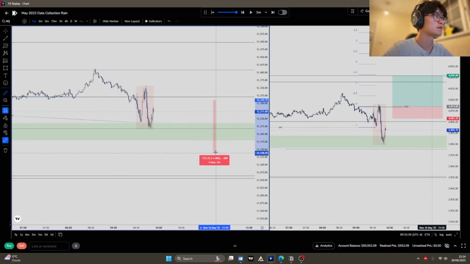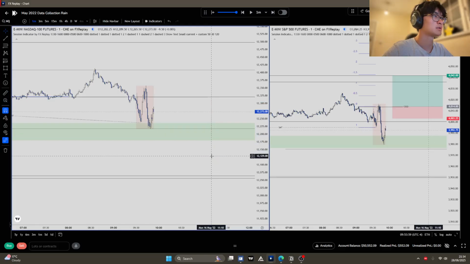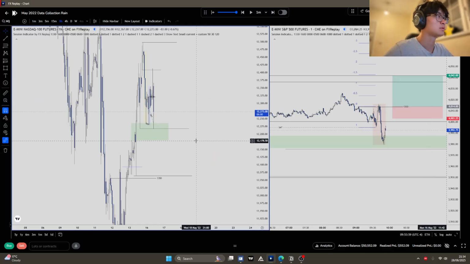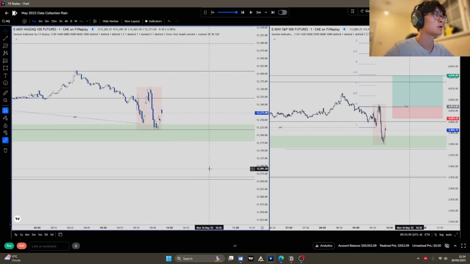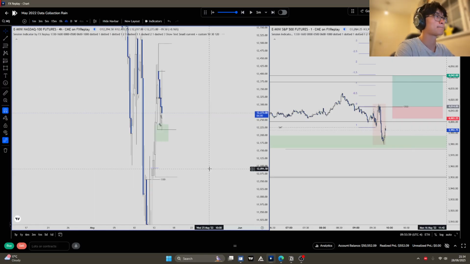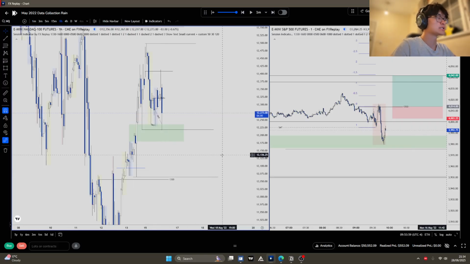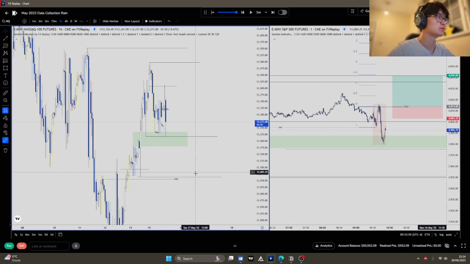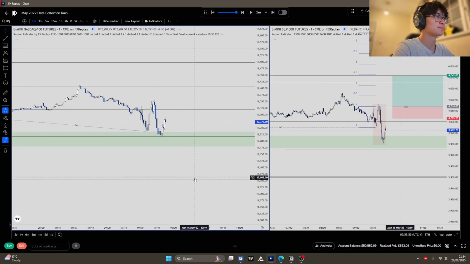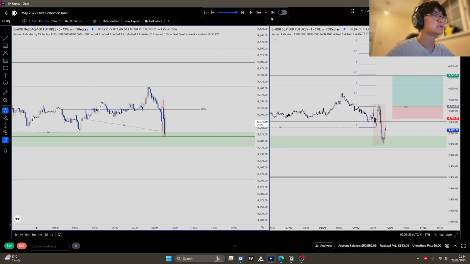Yeah, that's way too far. Yeah, we've already taken that out anyway. So now we're inside this 1 hour range. We're at EQ as well. So honestly, I just want to see what price wants to do.